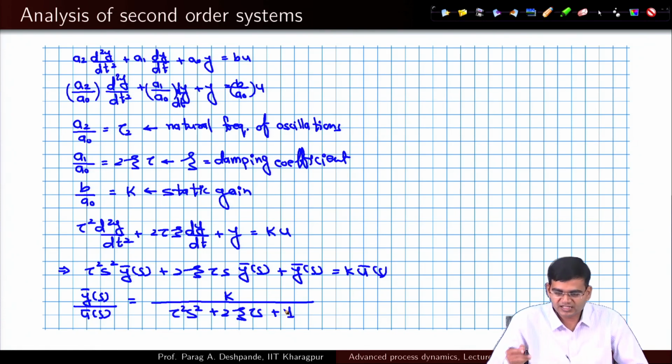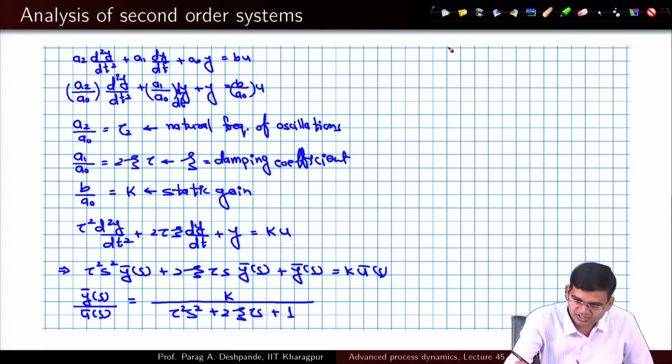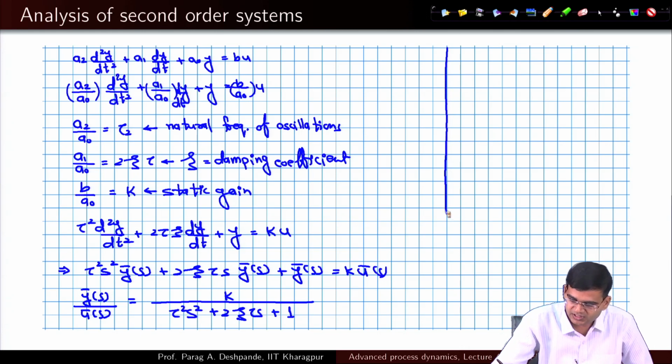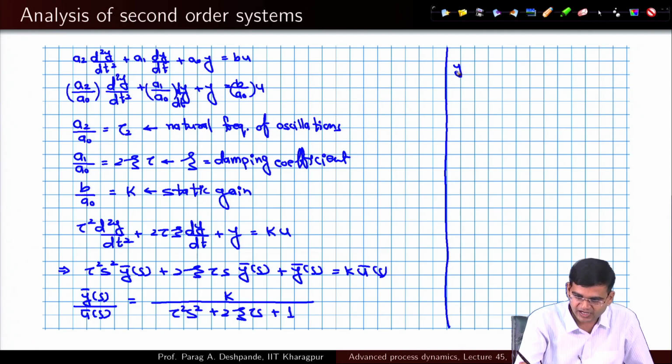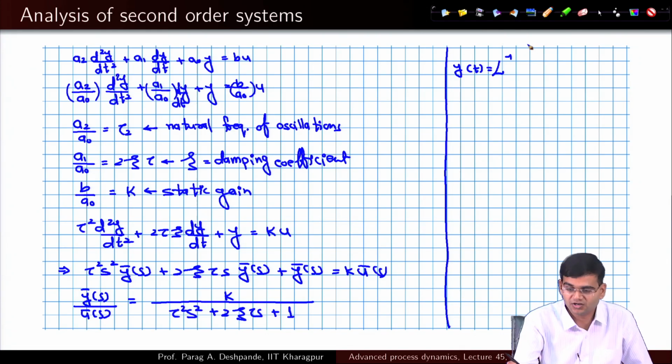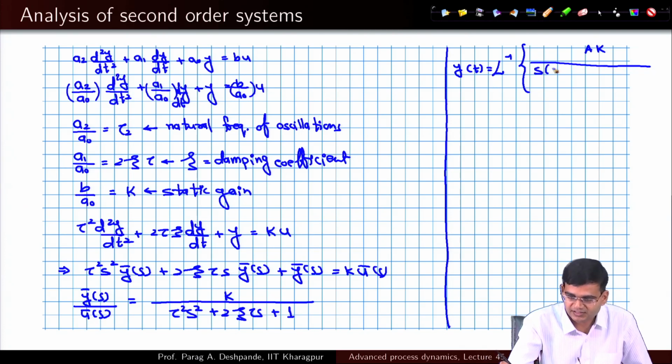So, for example, for a response subjected to a step input, I will have y of t, which will be given as Laplace inverse of A, the magnitude of the step, times k divided by s times tau squared s squared plus 2 zeta tau s plus 1, right.